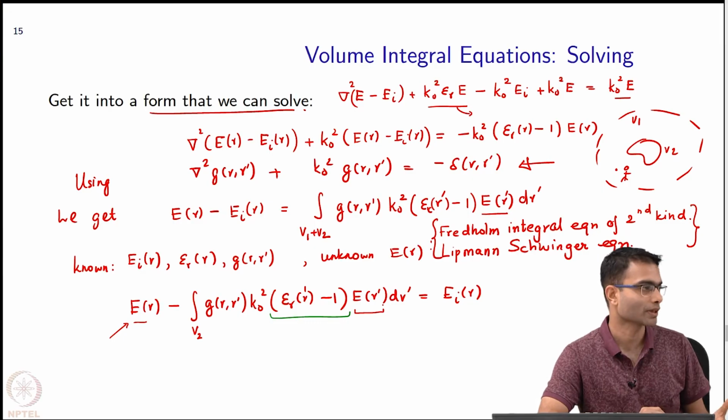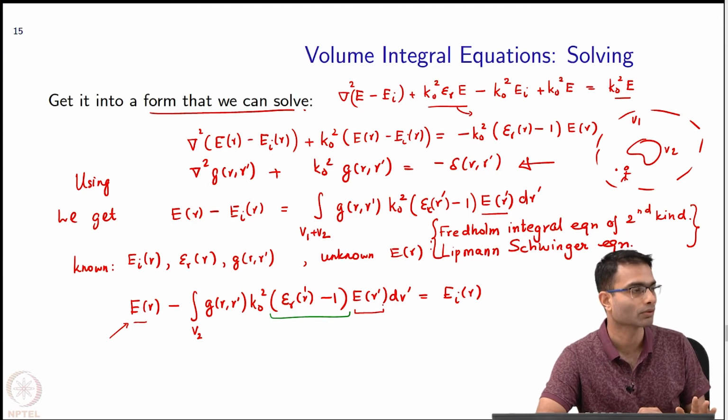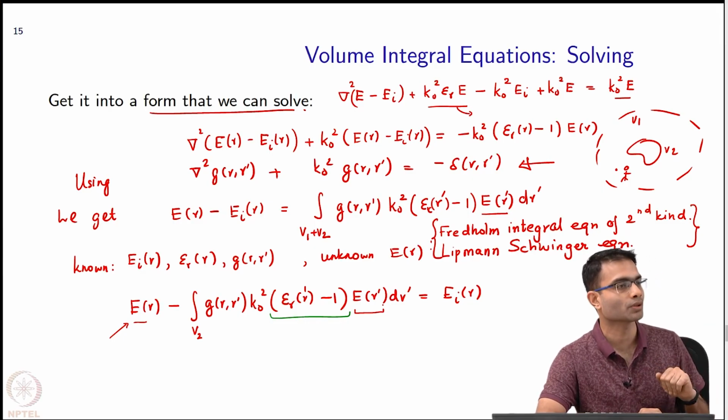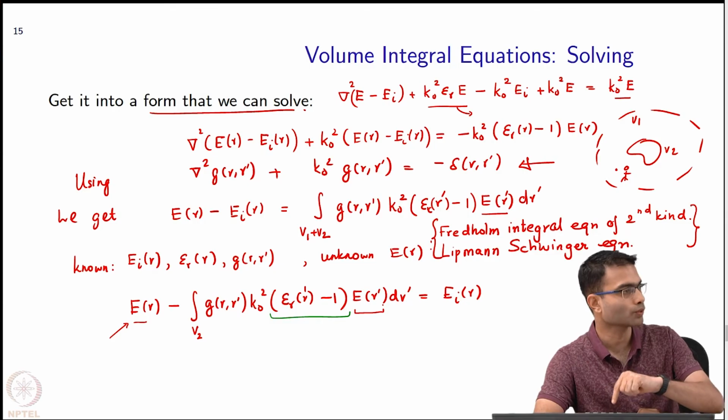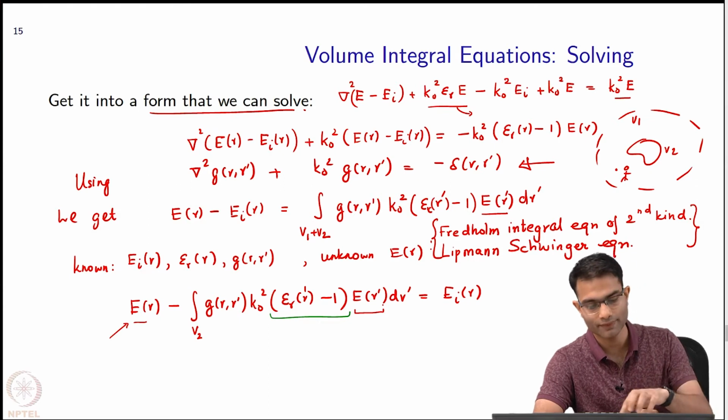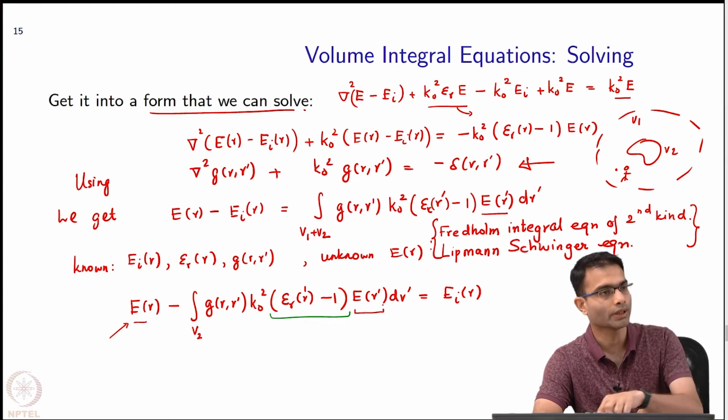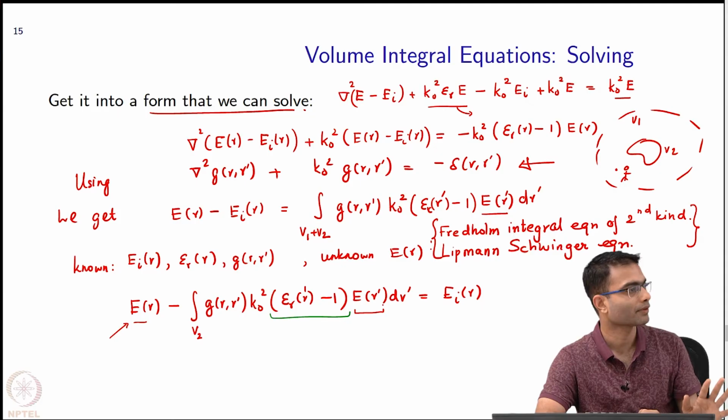So, I can't actually use this equation right now. So, what is the first step I should do? If I know E inside V2, am I done? Yes. If I know E inside V2, then the integral I know, therefore, I know E everywhere.